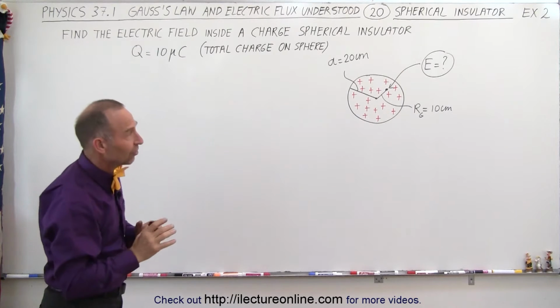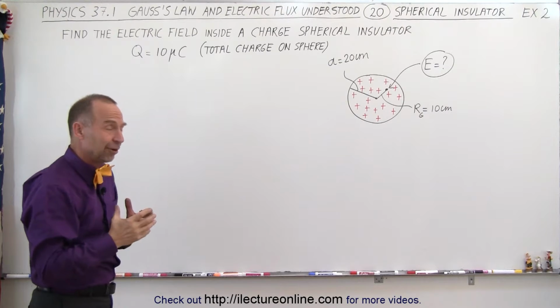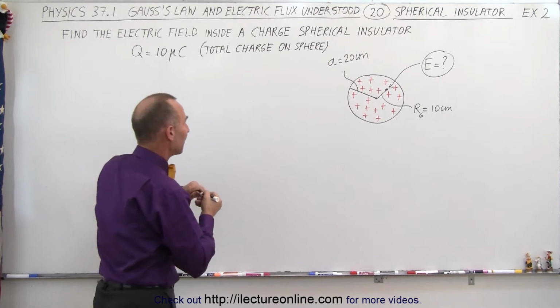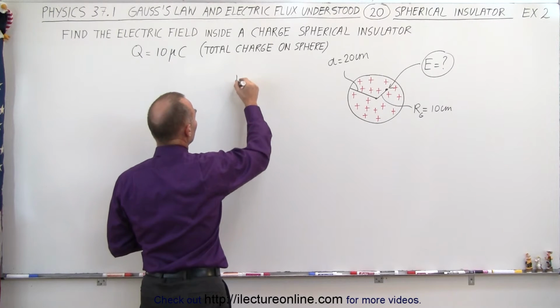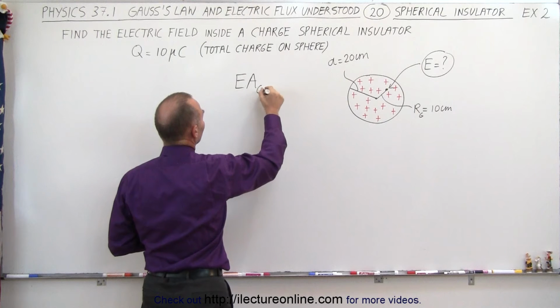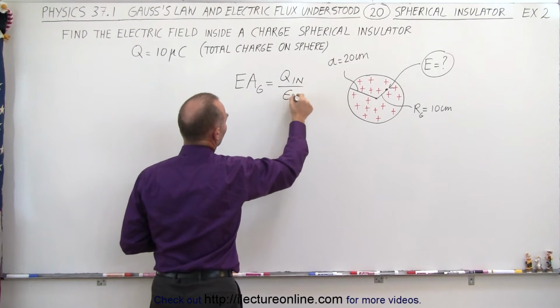And you're going to see how this is a very different technique in how we're going to find the electric field. So this is how we do that. We still start with the same equation where the electric field strength times the surface area of the Gaussian surface is equal to the charge inside the surface divided by epsilon sub naught.